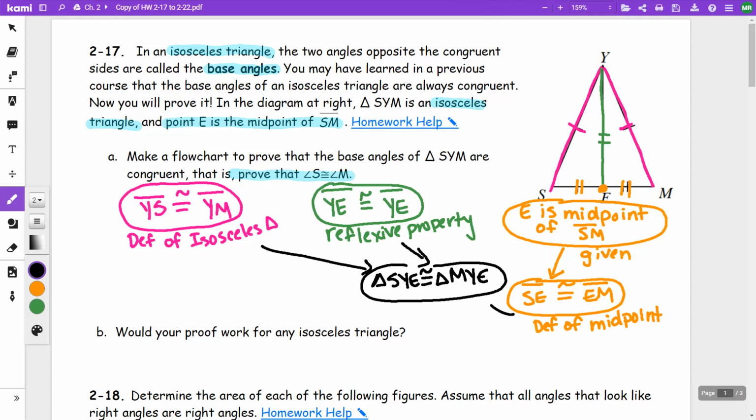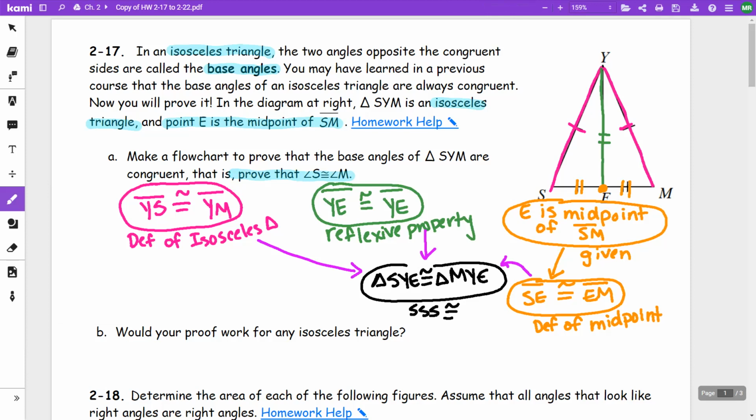And I need an arrow from that one to there also. Okay, so I have three arrows going there. Let me make my arrows a little nicer. I'll do them in a different color. That arrow's going here, that arrow's going here, and this is coming from here, not from the midpoint, but from SE congruent to EM. Now, the reason for this is side, side, side congruency.